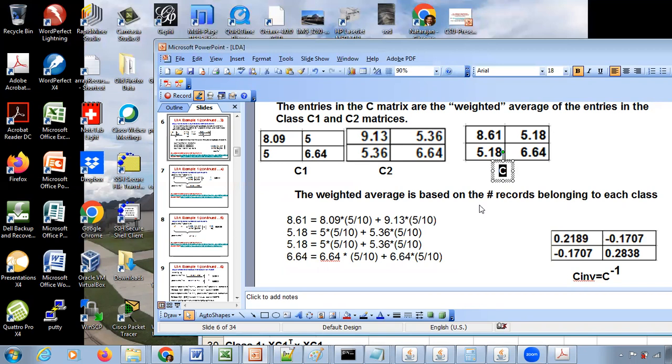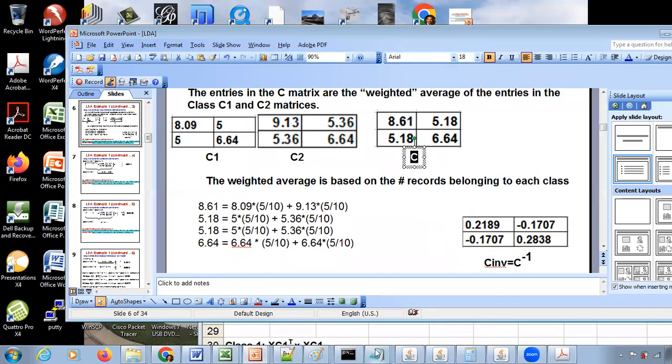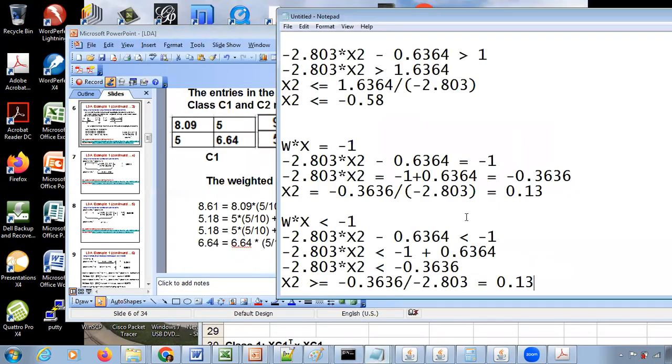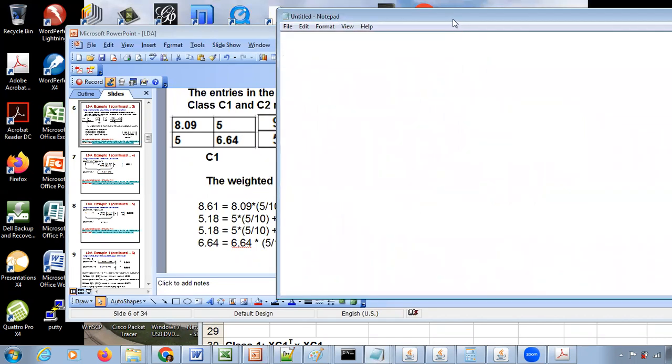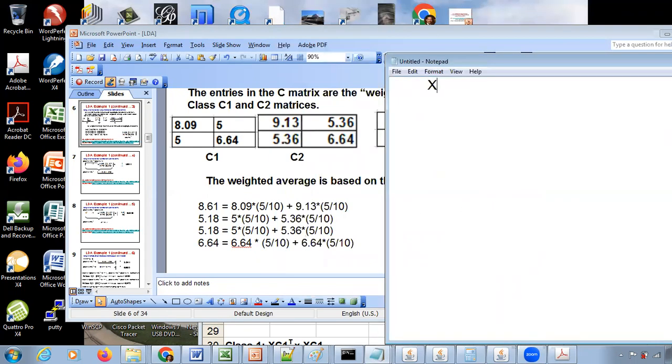Okay. And then we need to take the inverse of that covariance matrix. What is the idea behind matrix inverse? With numbers, for example, if x equals 3, 1 over x is the inverse of x, which is 1 over 3. So if you multiply x with its inverse, we get 1.